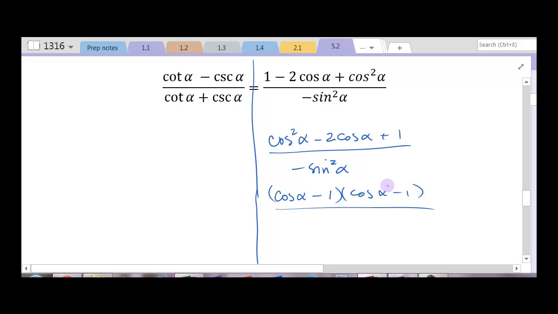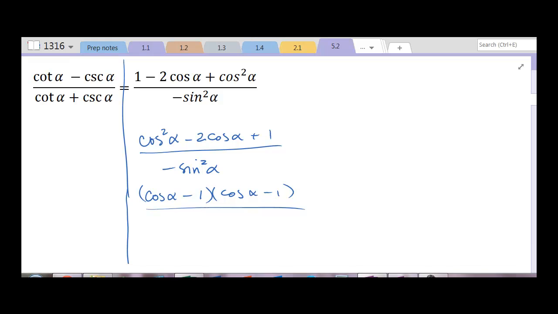Okay, the denominator is going to, so I have cosines in the numerator, and I think that I want to try to turn everything into cosines because I recognize that sine squared alpha can be rewritten using the Pythagorean identities. So off to the side over here, I'm going to look at that for just a second.